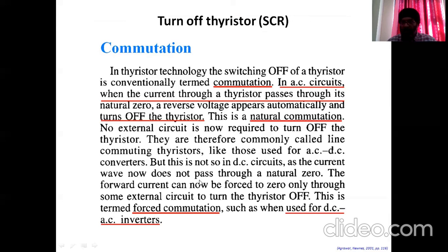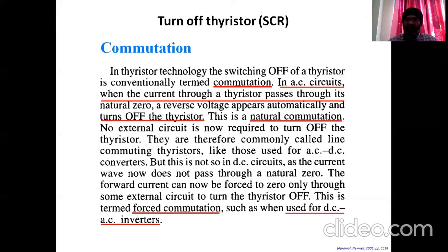So again, to remember, the idea is to ensure that the anode current in SCR falls below holding current so that the SCR turns off. And latching current ensures that when the gate pulse is applied, the SCR reaches the level of latching current before it starts to conduct.